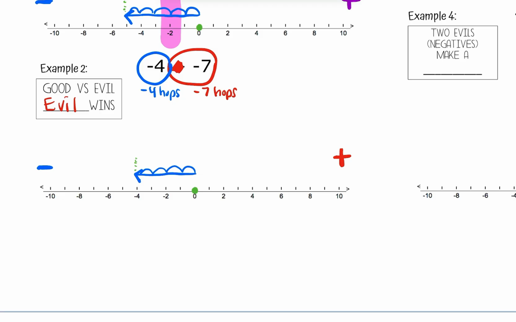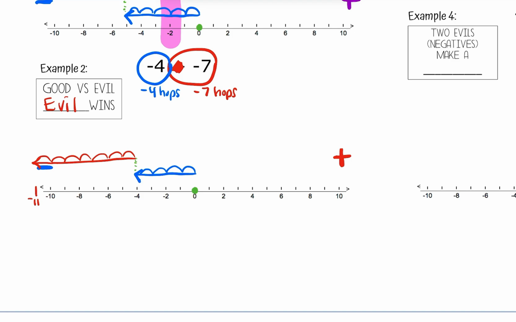And in this case, I am going to go 7 spaces. So 1, 2, 3, 4, 5, 6. And I'm actually going to go off my number line to -11 here. And again, if I needed hops, I could show you 1, 2, 3, 4, 5, 6, and 7 hops there.